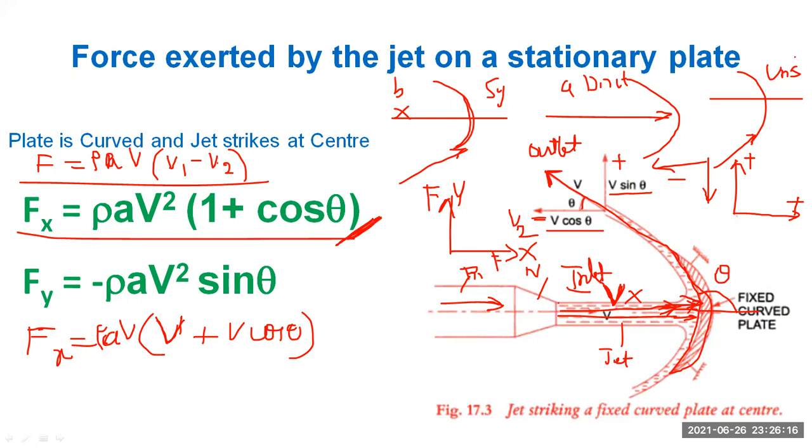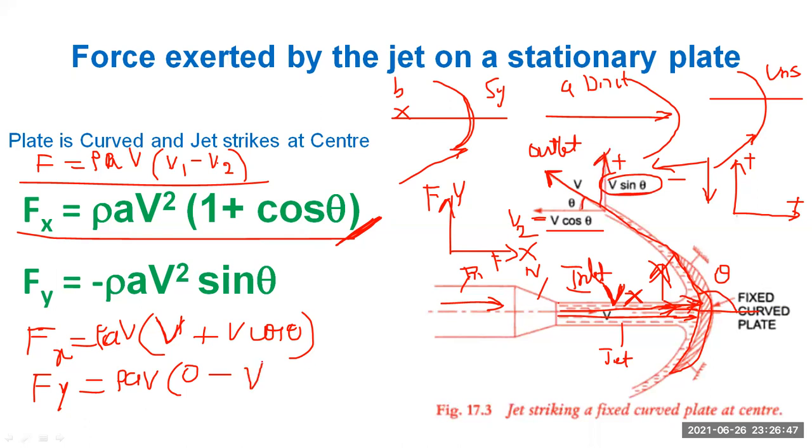Similarly, we'll calculate Fy. So Fy is equal to rho av into the initial velocity. If you see, the initial velocity has only a horizontal component. There is no vertical component, so the initial velocity for Fy is 0. Minus the final velocity. You can see here the vertical component is there, that is v sin theta.